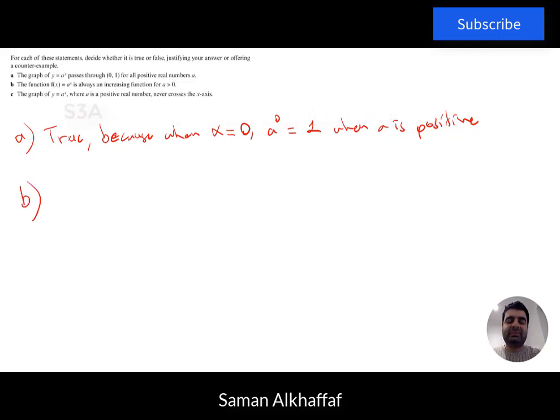For part B, the function f(x) equals a to the x is always an increasing function for a bigger than 0.